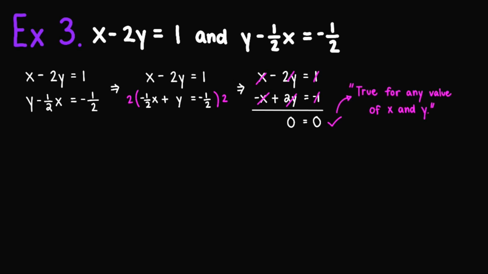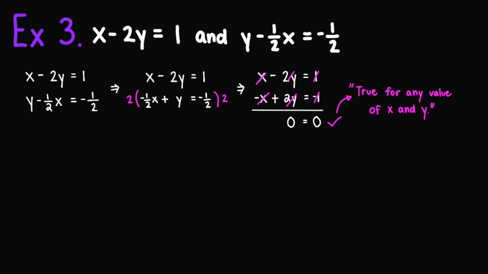That is, this is true for any given x and y. That means that these equations actually intersect everywhere, since whatever value of x and y we plug into these two equations, we'll still get a valid equality.